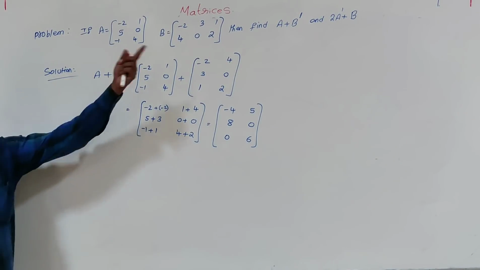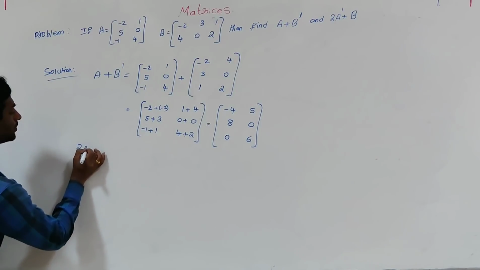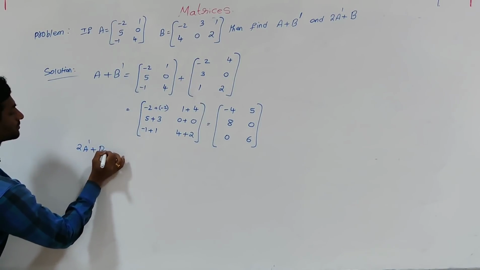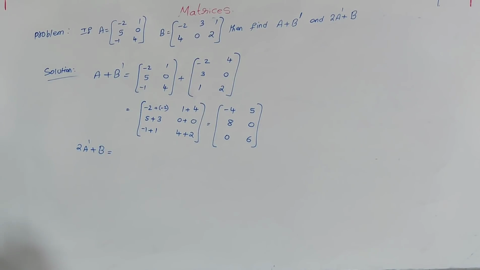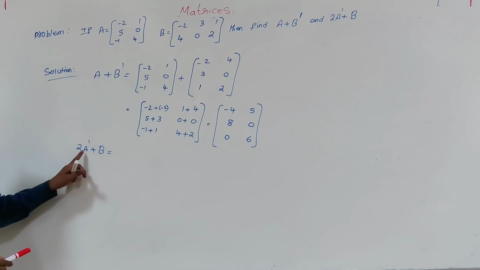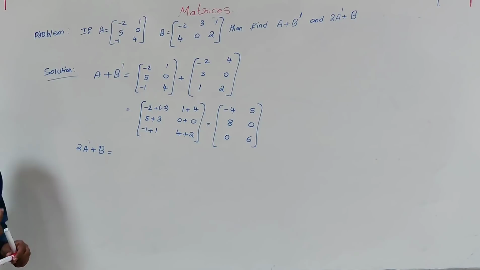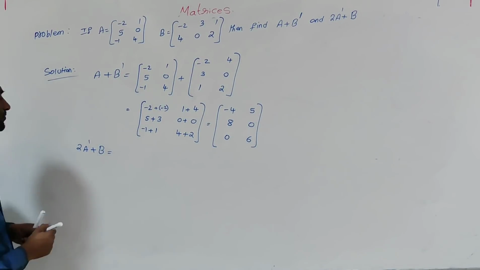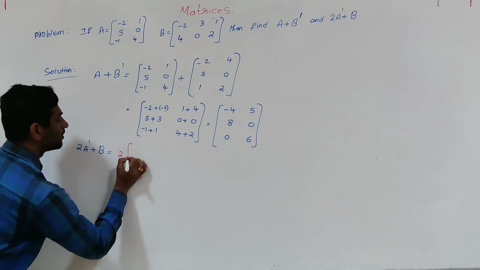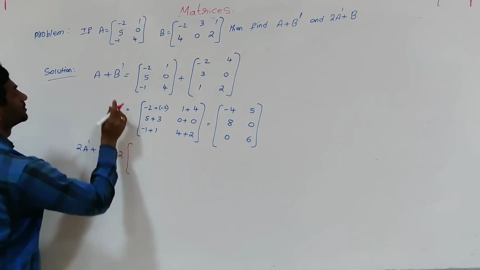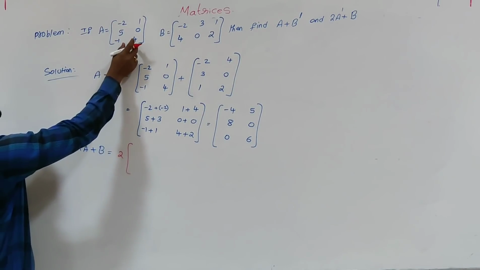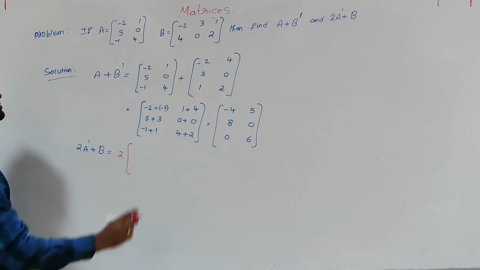And there is one more problem, that is 2A dash plus B. What will be 2 times A dash? Again, A dash means transpose of matrix A. So let me write 2 times A dash. Here the size is 3 by 2.